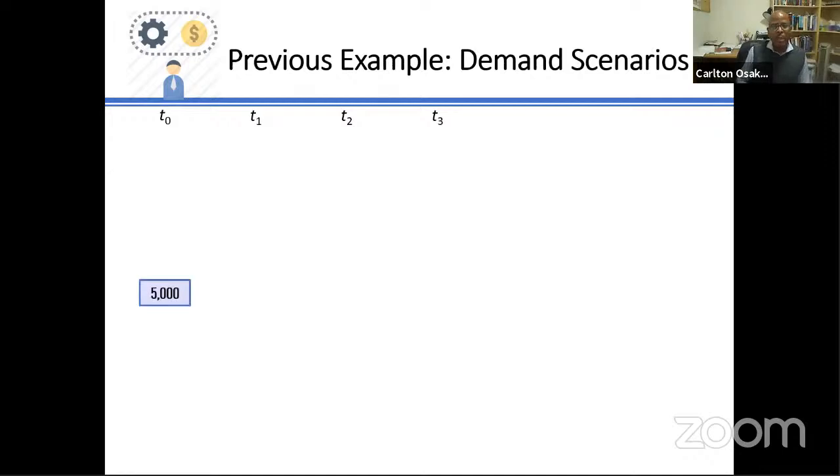Right now, demand is at 5,000, and this is not what you've made; it's just what the market survey has said people would demand now. And if it's a hit, then it'll go up to 10,000. If it's a dud, then it'll go down to 2,500, and there's a 50-50 chance of going up or going down.